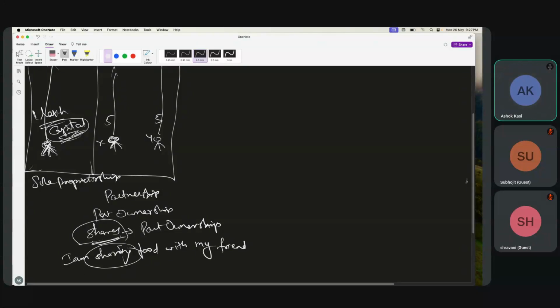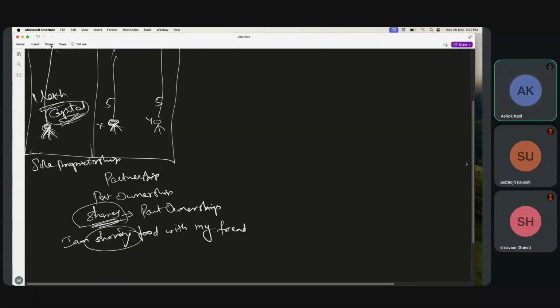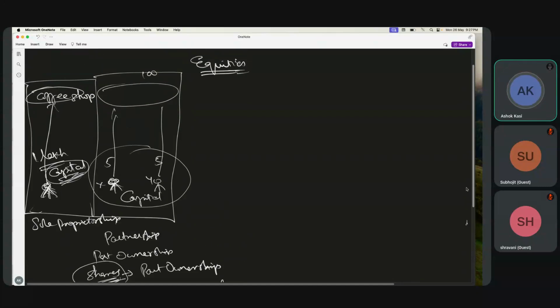That means shares is a word we are using in the non-financial world also. So what does this represent? Part ownership. Over here, part ownership in the capital. So shares represents part ownership in the capital.